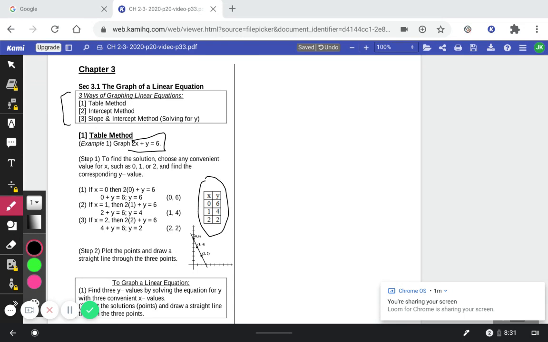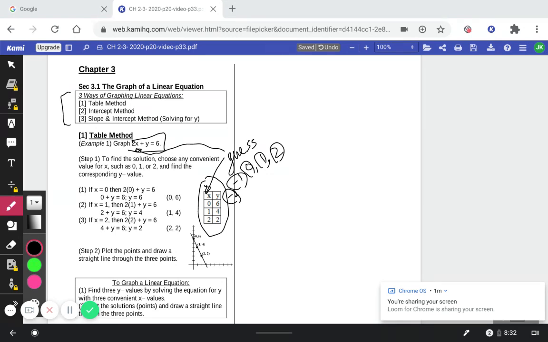You have to randomly guess a good number for x. A lot of times we use 0, 1, 2, -1, or -2. These 5 numbers are used for the x value, and then you find the corresponding y value by plugging x into the equation.